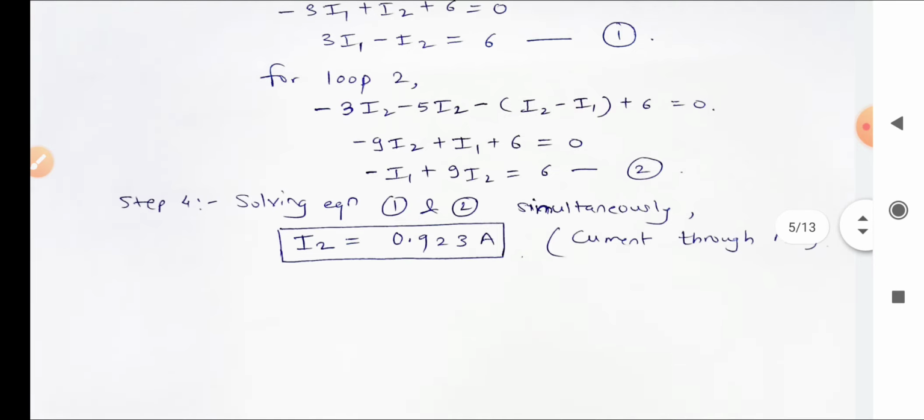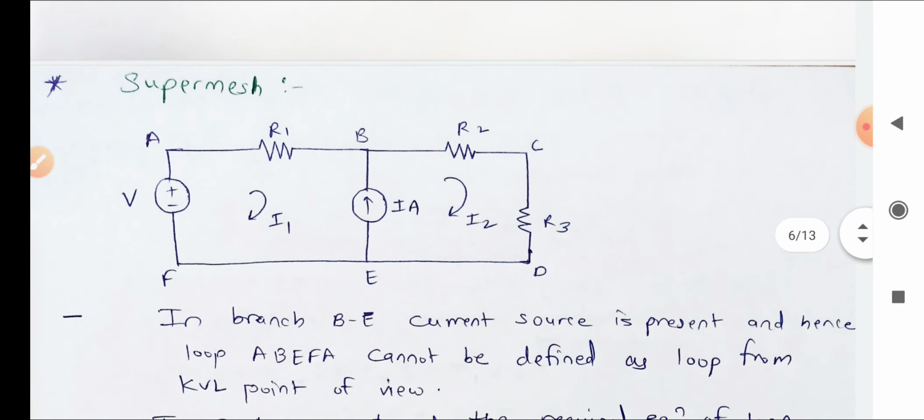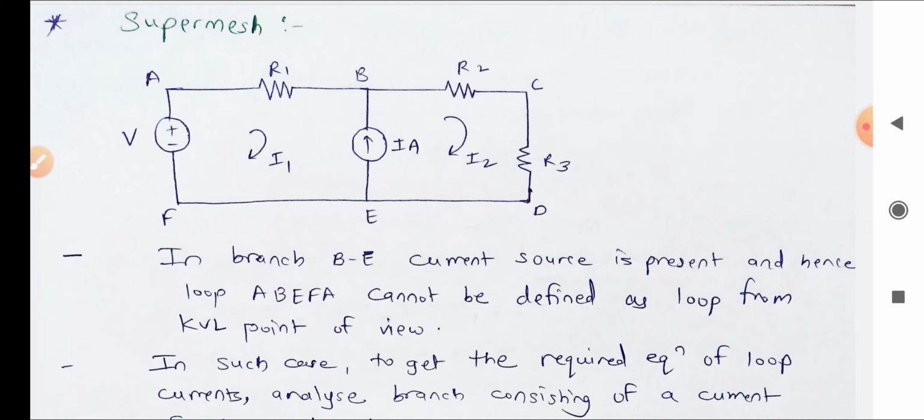Now if a current source is present in between the loops, at that time this is nothing but the concept of super mesh. For this network, whenever a current source is present, we cannot write the KVL equation by using that current source, because the drop across that source is not known. So we exclude that current source and write the KVL equation for the other elements in the network.